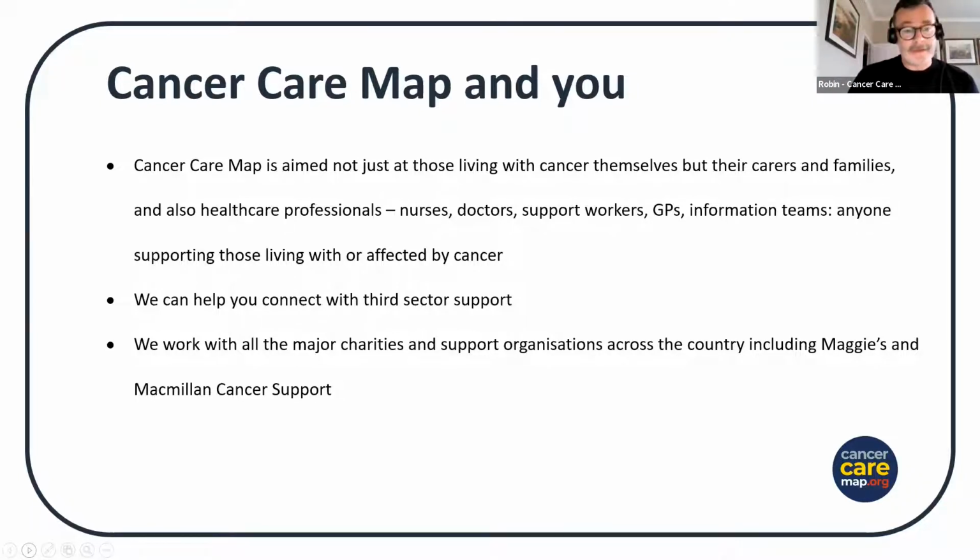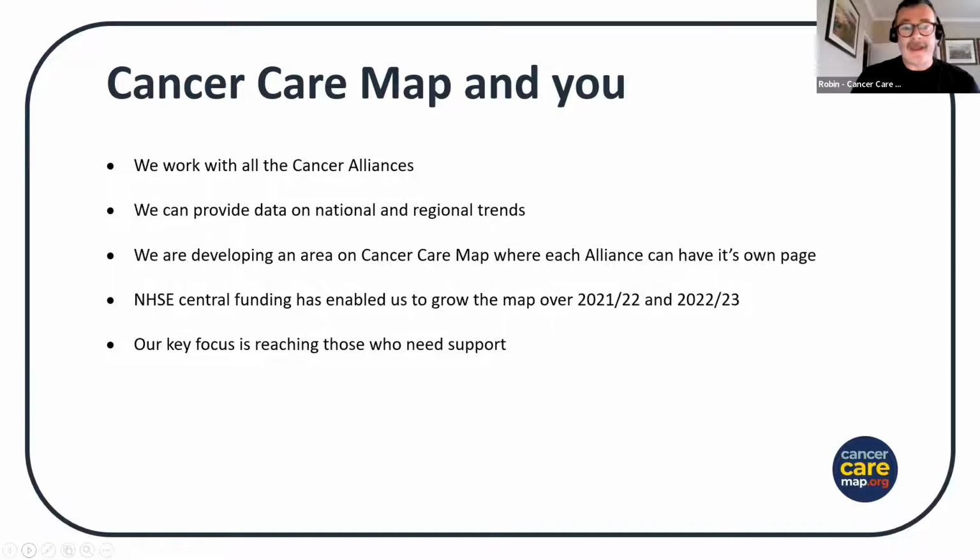We're a small organisation and we rely very much on collaboration. We work with all the major charities and support organisations across the country, including Macmillan and Maggie's. Next slide, please. We also work very closely with the Cancer Alliances. We're beginning to develop analytics data to be able to report on user behaviour and show trends in what people are searching for.